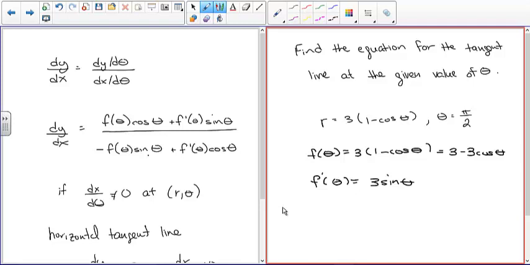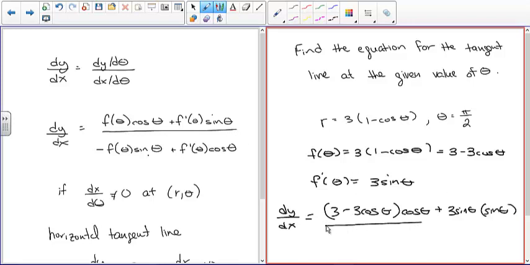So what we can say is that the slope of the tangent line, dy dx, at any value of theta, we're going to evaluate it later at pi over 2, is going to be equal to f of theta, 3 minus 3 cosine theta, times cosine of theta, plus f prime of theta, which is 3 sine theta, times sine theta.